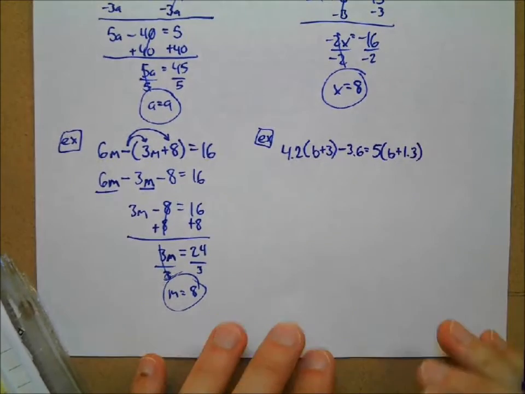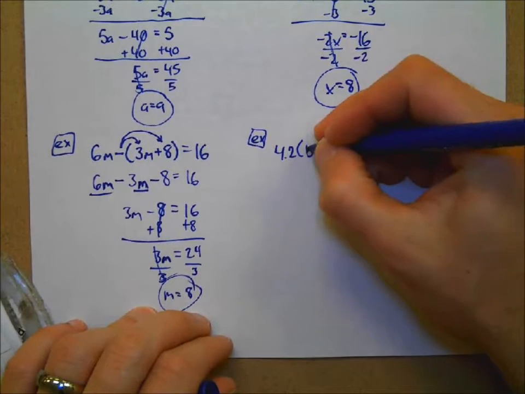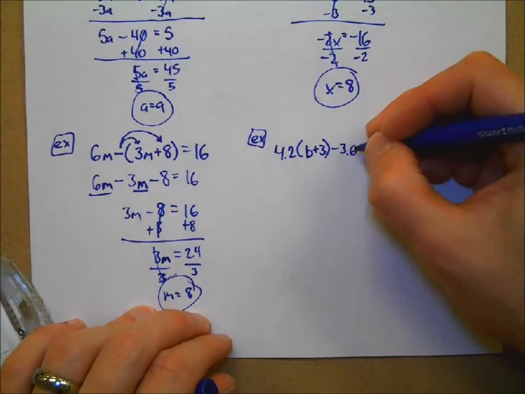Okay, so I'm going to let you guys try this here, or at least maybe take the first step, if you want to do that. B is the variable there.